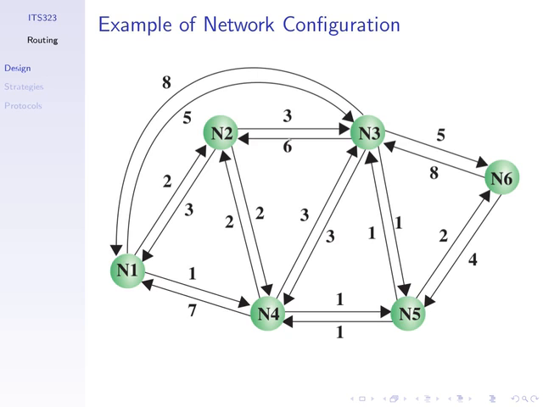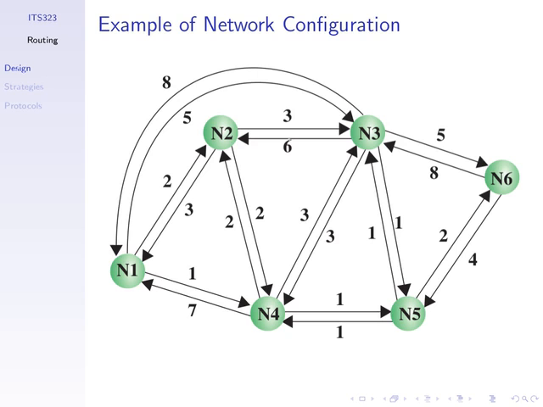The final terminology is that we have a topology. The topology is the arrangement of nodes and links. So this diagram is a topology of a network. It shows that we have 6 nodes. It shows which nodes are neighbours with which other nodes, and shows the costs of those links.